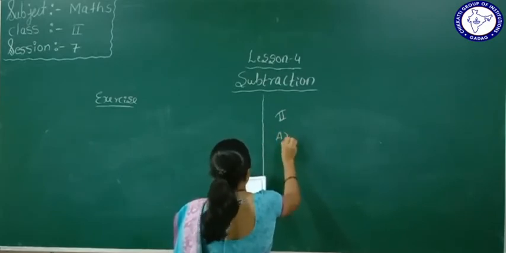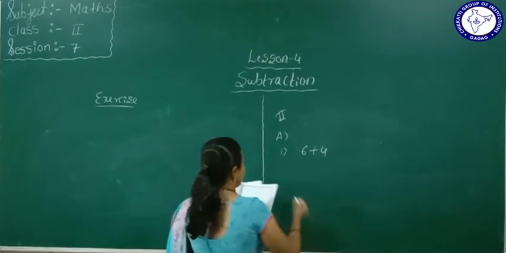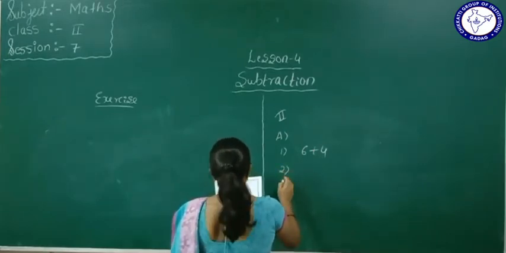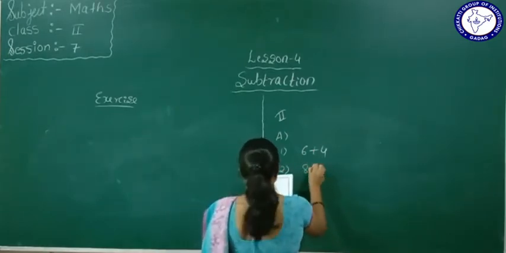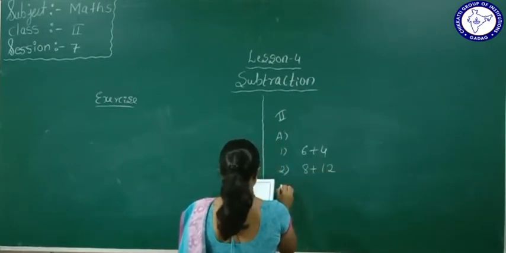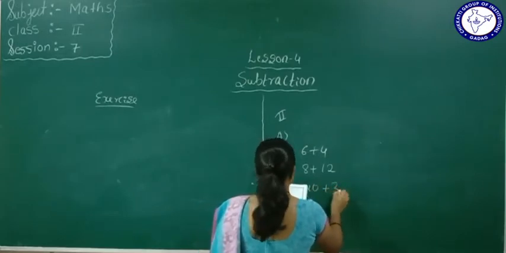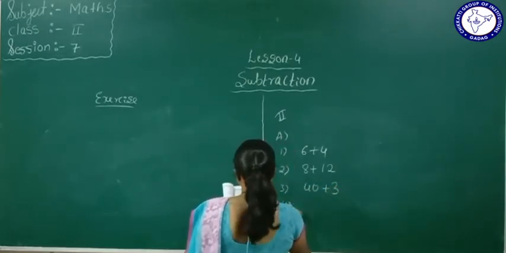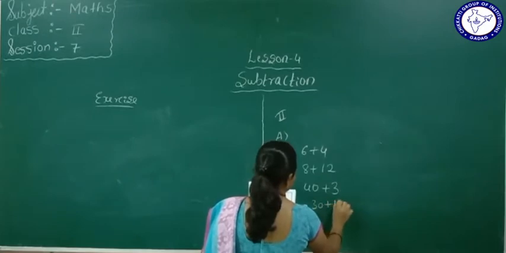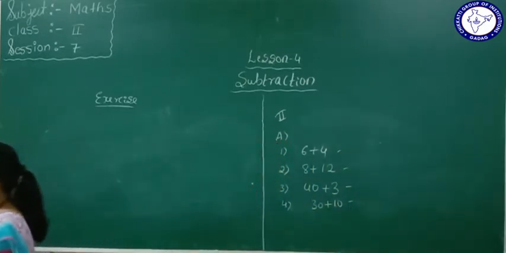First one, 6 plus 4. Next one, 8 plus 12. Next one, 40 plus 3. Fourth one, 30 plus 10. Okay, so we will do these orally.